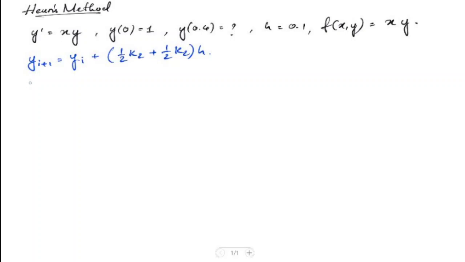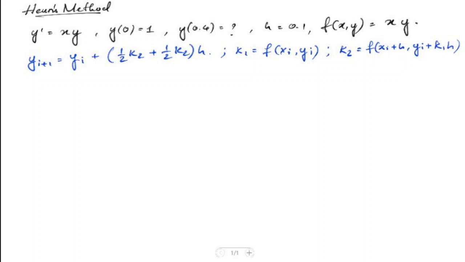And then for k1, the formula is the function at x i, y i, and then we have k2, which is the value of the function at x i plus h comma y i plus k1 times h.